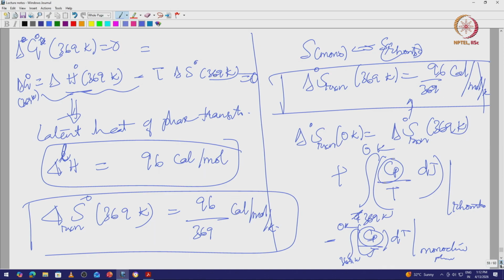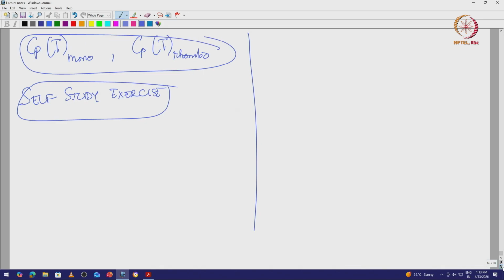I want you to actually compute this value with these data tables. It is a numerical integration: you have the tables, you go to some kind of data plotting software, you compute the integral of delta Cp by T dT between the rhombohedral phase and the monoclinic phase, and compute this value. And you do it yourself.